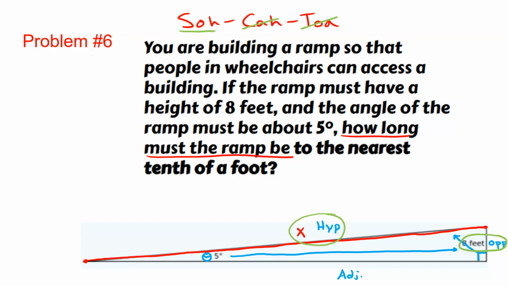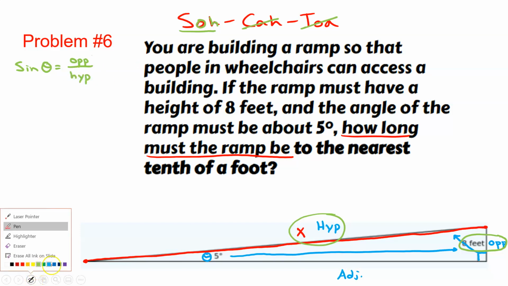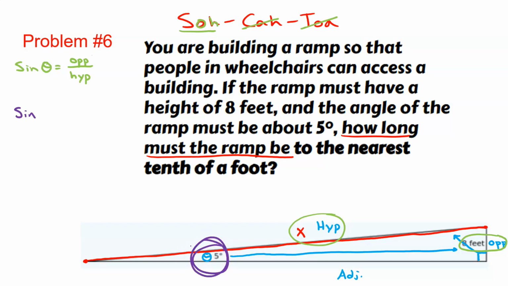So what does SO in SOHCAHTOA represent? That's saying that sine of some reference angle is equal to O, which is our opposite, over H, which is our hypotenuse. Let's fill in everything that we know. We're no longer writing sine of theta, because theta here represented 5 degrees.